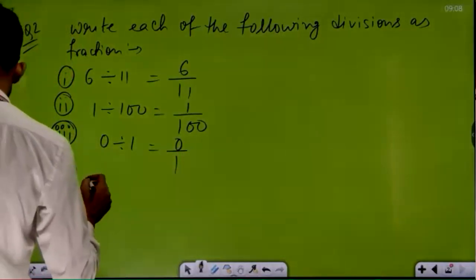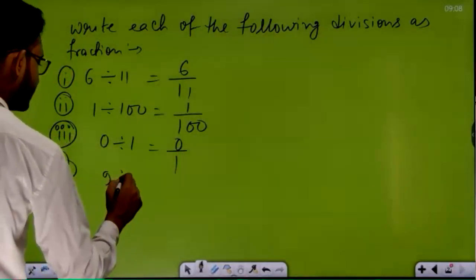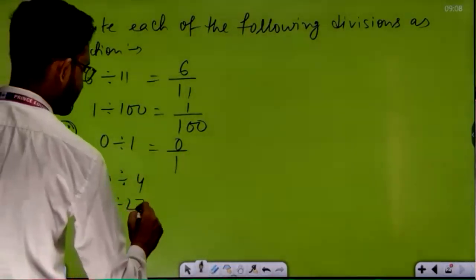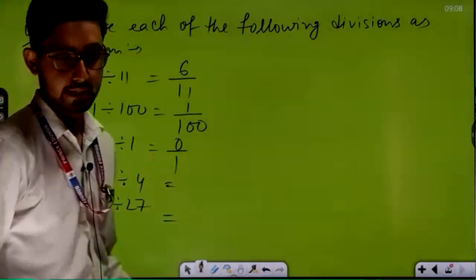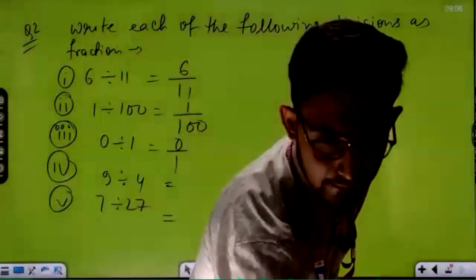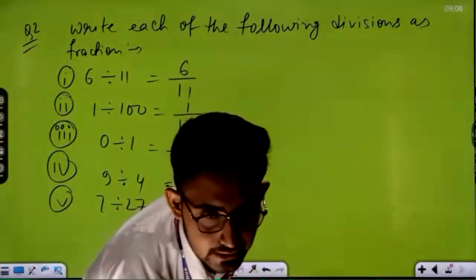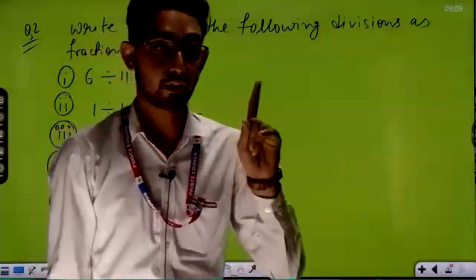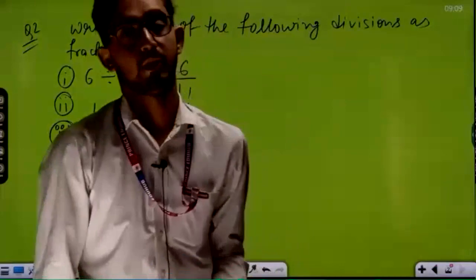Fourth part, that is 9 divided by 4. And fifth part, 7 divided by 27. These two questions you have to solve right now in your notebook. Write down fast, very simple questions. I know all of you will write the answer in the chat box.